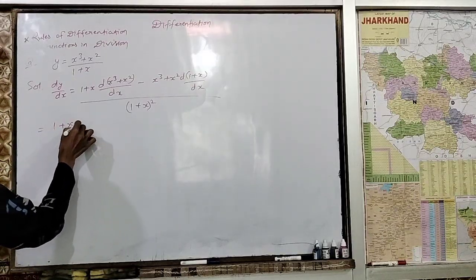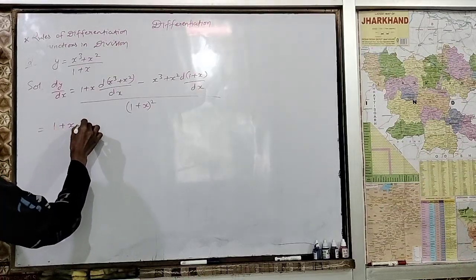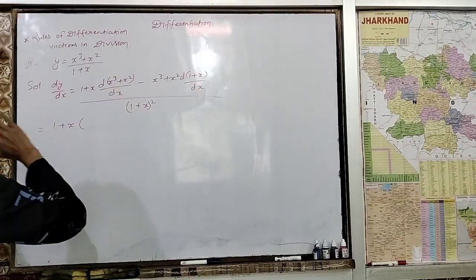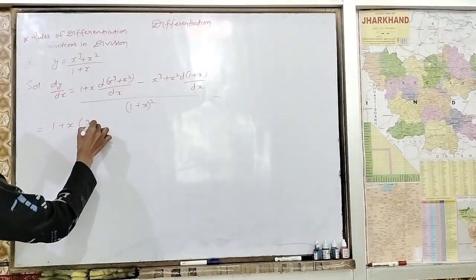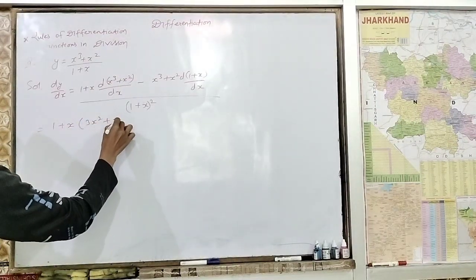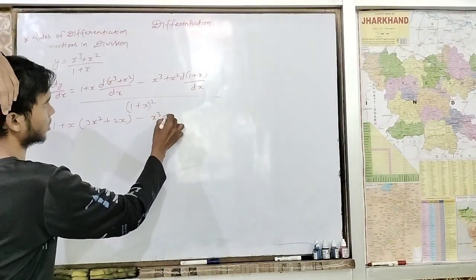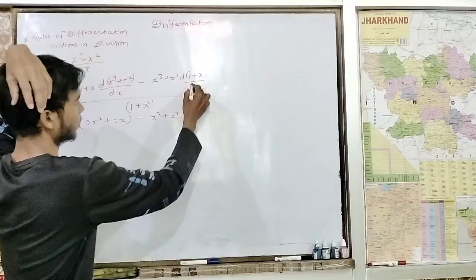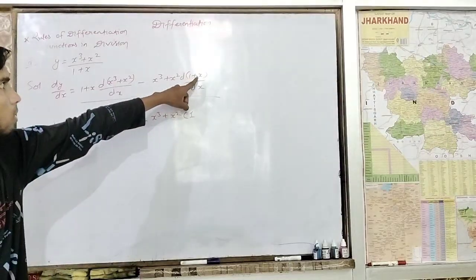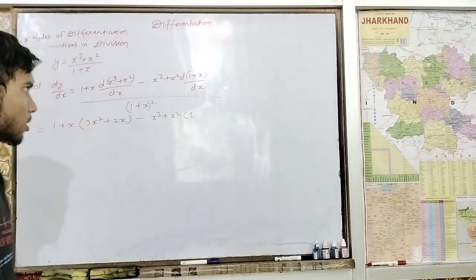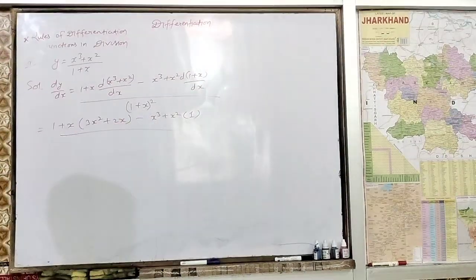This 1 plus x will be as it is. Next we have this differentiation. It will become 3x square and this will become 2x. It is as it is. Then we have this 1, whose derivative is 0, and differentiation of x is just 1, and this is upon this much.